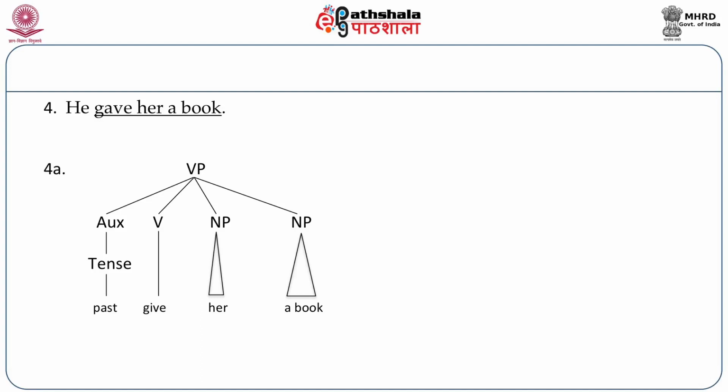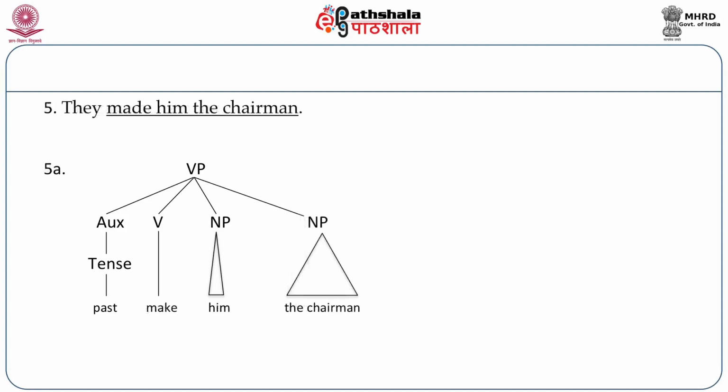So we have two objects after the verb, and therefore in the diagram we indicate that there are two NPs after the verb. In 5 we have the sentence "They made him the chairman," and here we have again two NPs after the verb.